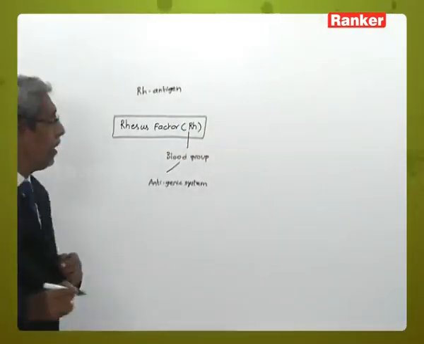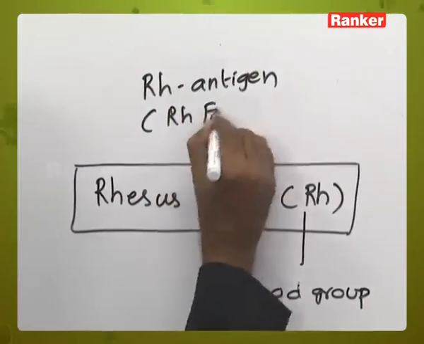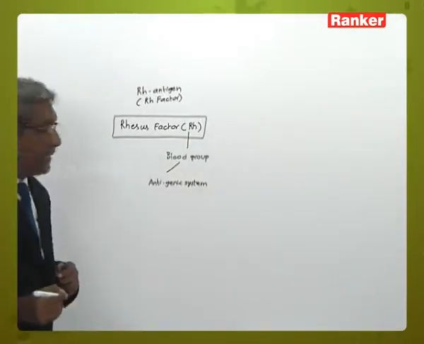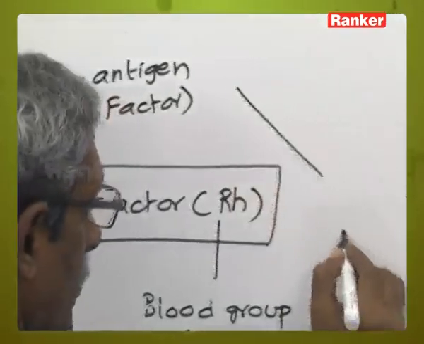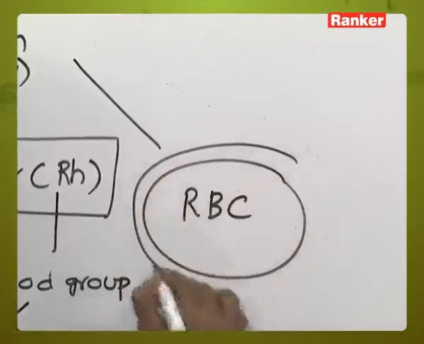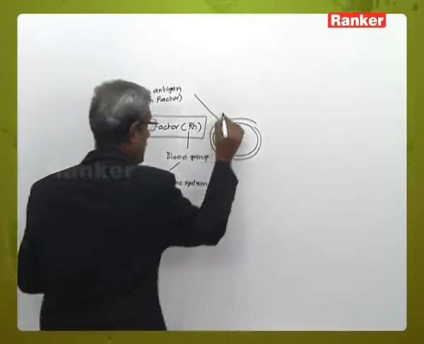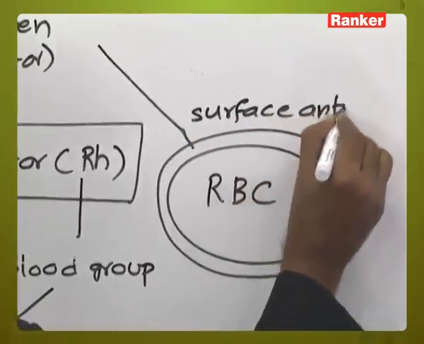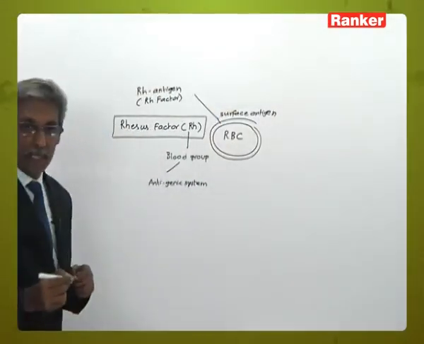RH is an antigen, and the presence of the RH antigen is also termed the RH factor. In human cells, the RH antigen is present on the surface of the red blood corpuscles. It is a surface antigen.